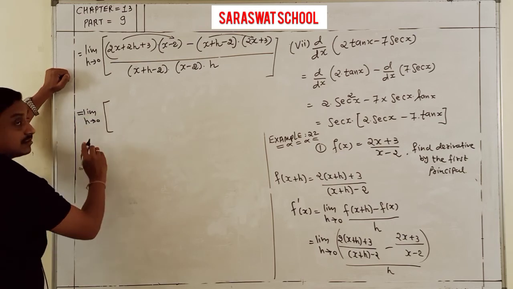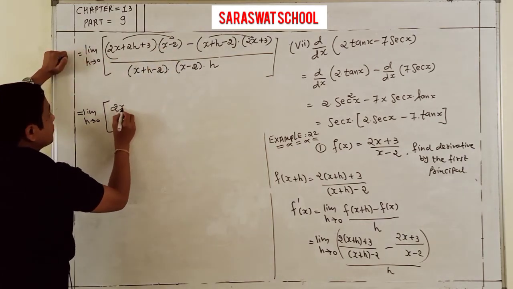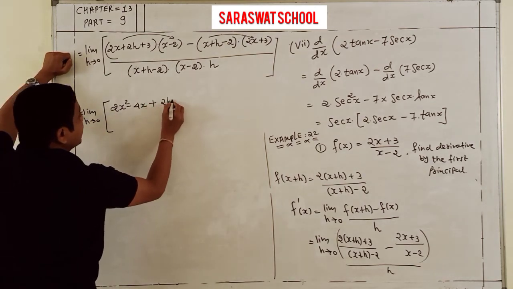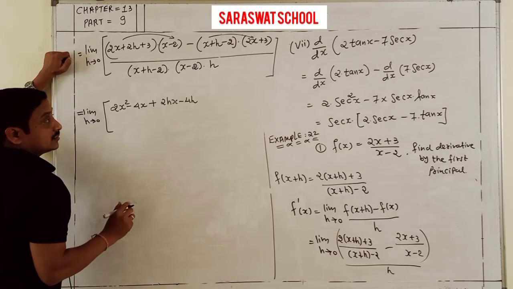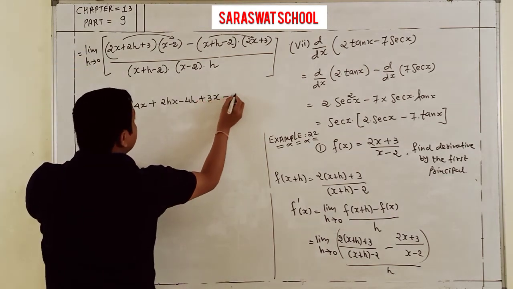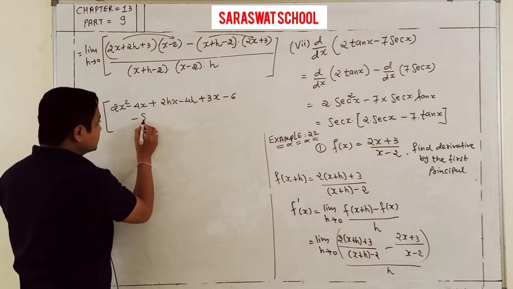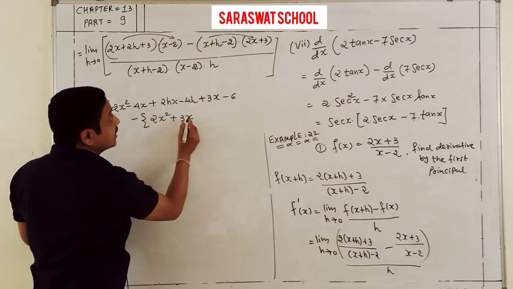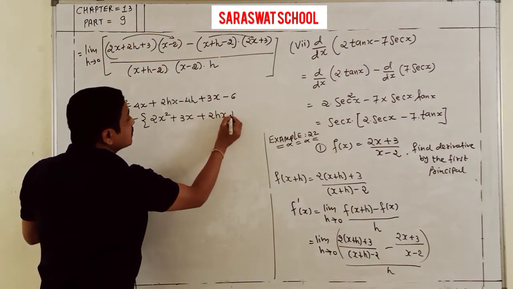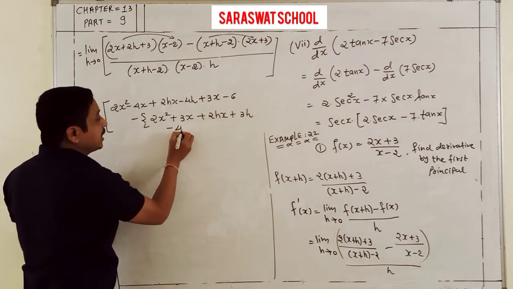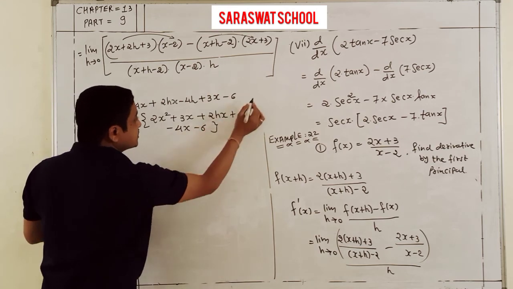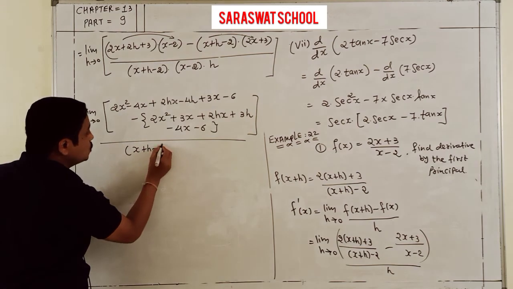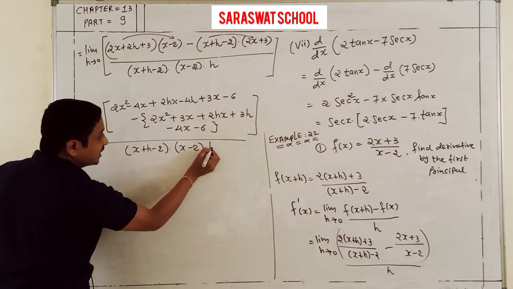You will take expansion: 2x square minus 4x plus 2hx minus 4h plus 3x minus 6, minus now this: 2x square plus 3x plus 2hx plus 3h minus 4x minus 6, and upon as usual (x + h - 2)(x - 2) with h.